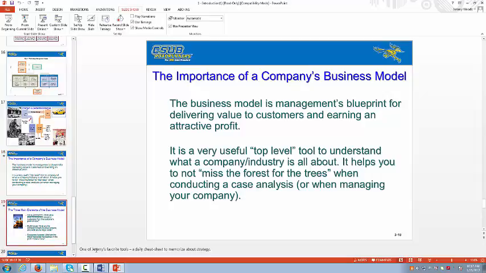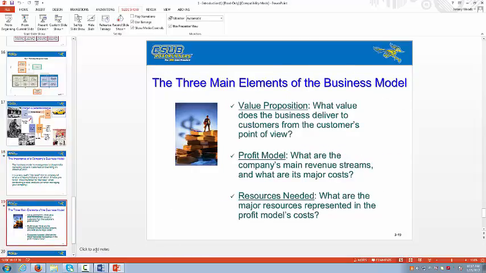So there's 3 parts of it: value proposition, profit model, and resources needed. The first thing, value proposition, is very simply, what value do you deliver from the customer's point of view? Not from your business point of view, but if you ask the average customer, what do you get out of me as a company, you should be able to answer that off the top of your head.